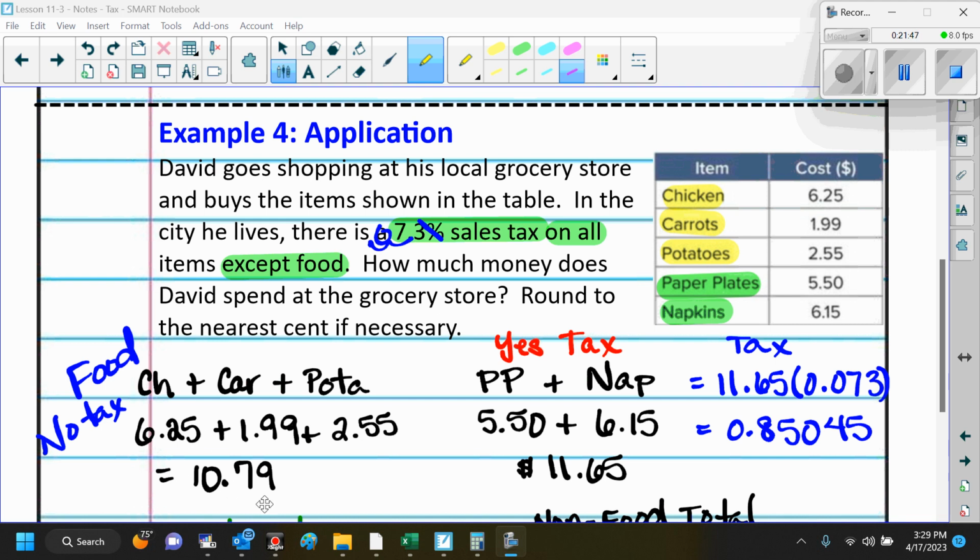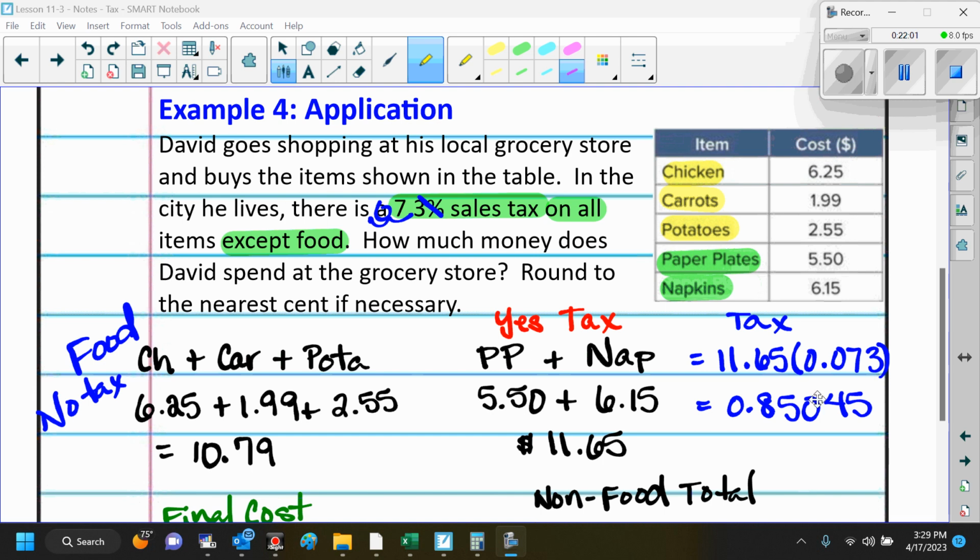Now, on this one, we are not getting charged tax for this. So this is just a straight $10.79. Then we've got paper plates and napkins, and those are the non-food items. Add those together, you get $11.65. This he's going to get charged tax on.